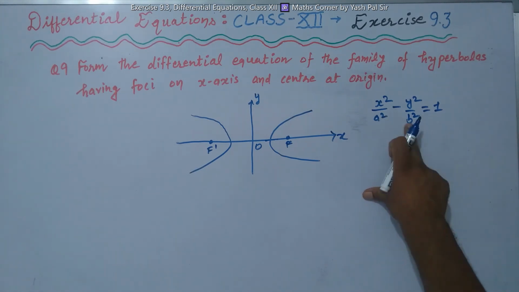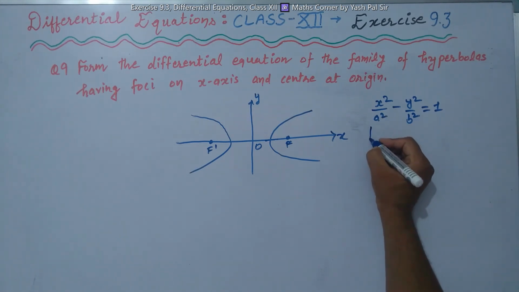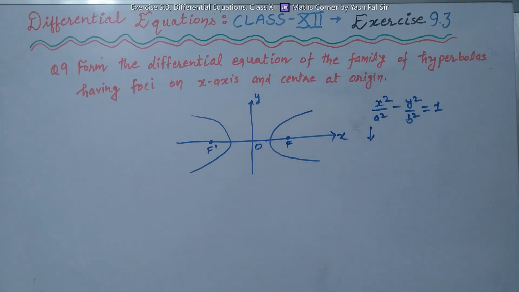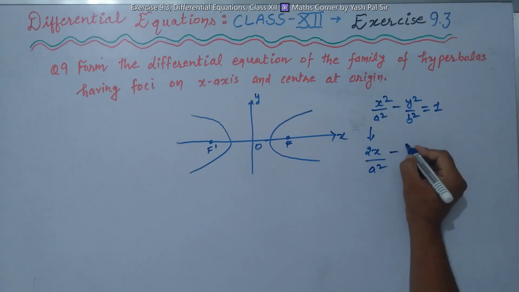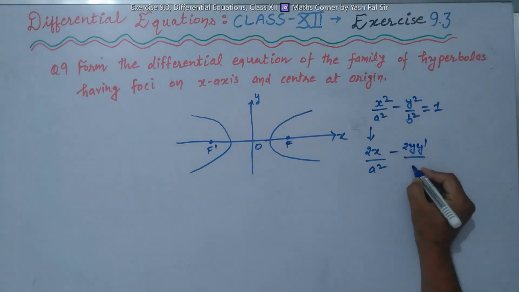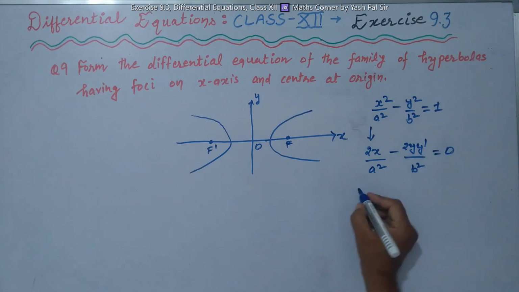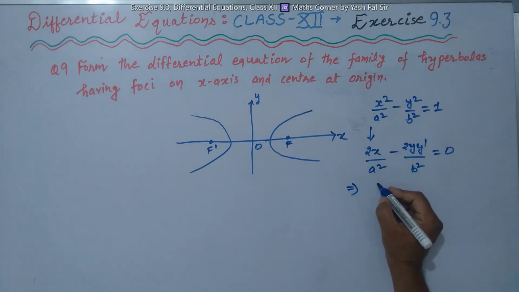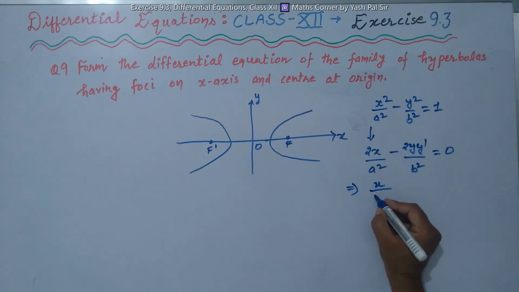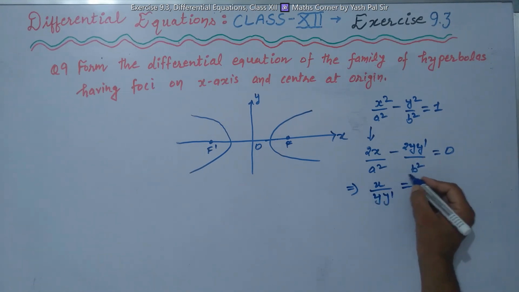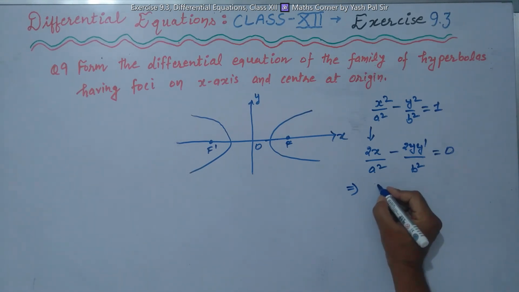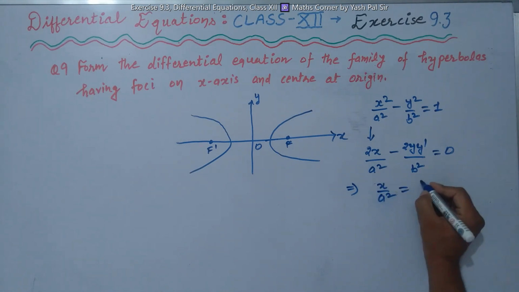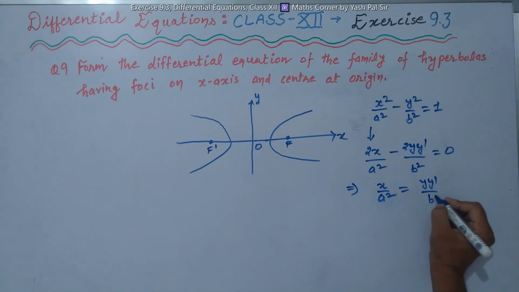We are going to eliminate the arbitrary constants a and b. So for this purpose, first of all, differentiating with respect to x, we get 2x upon a square minus 2y y dash upon b square is equal to 0. So from here we conclude x upon a square is equal to y dash upon b square.